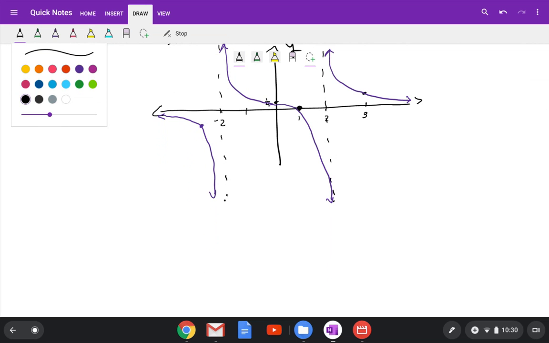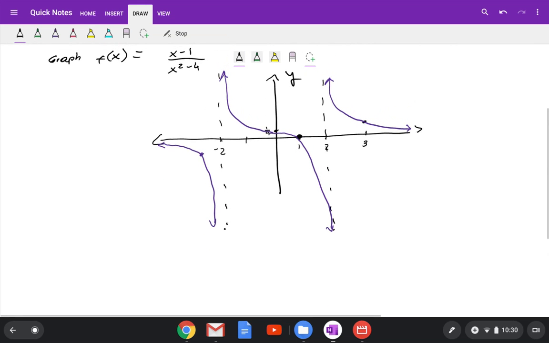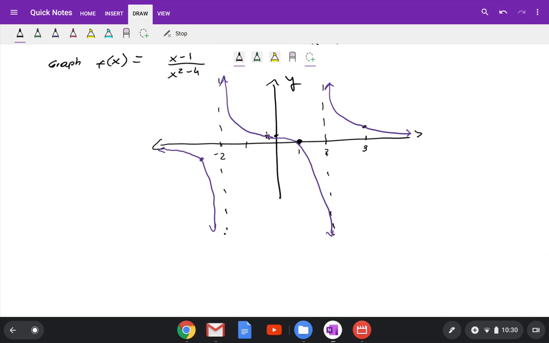Now we're talking about solving rational inequalities. So going back to our inequality, the inequality which we need to solve was x minus 1, which we just graphed this function, divided by x squared minus 4 greater than or equal to 0. So technically, to solve that, we're looking for x values for which y values are greater than or equal to 0.